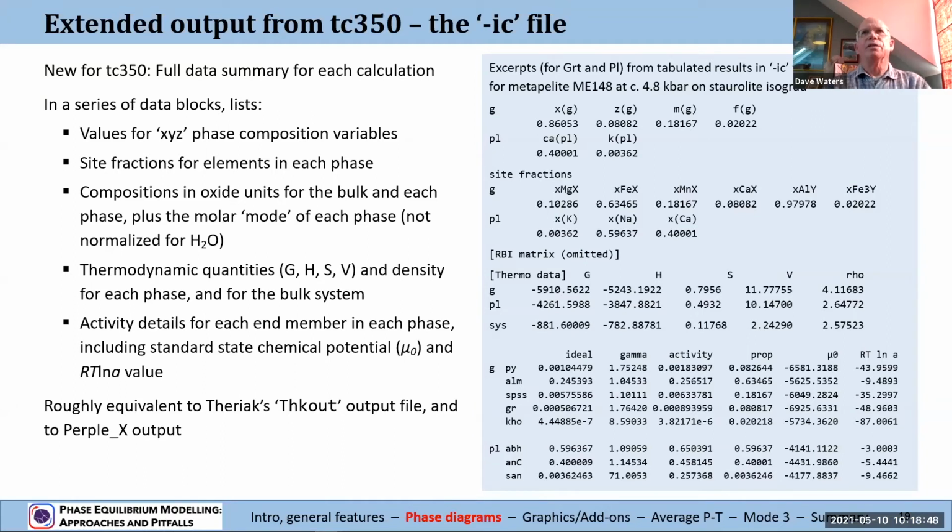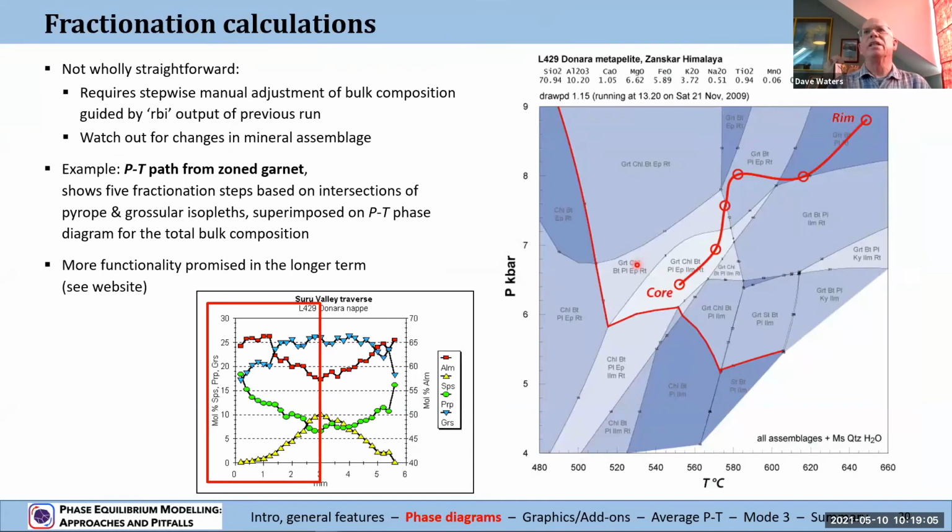The list on the right just gives a sample of some of the blocks of information that you can get out there. And that's roughly equivalent to the full output that you can get from Theriak, and I gather also from Perple_X.